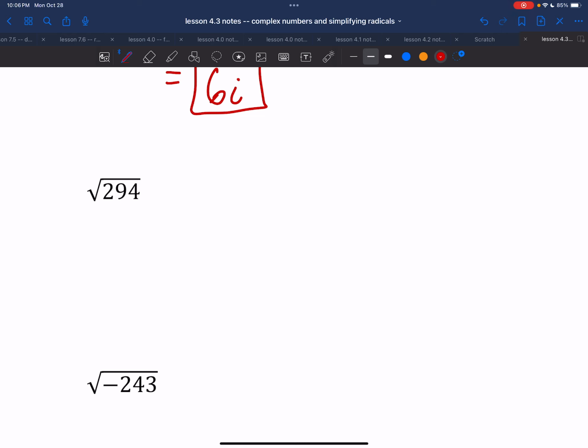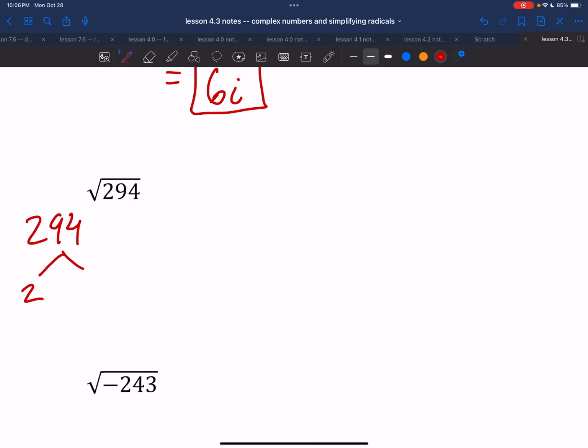Now, 294, that's a little tricky because I'm pretty sure 294 is a multiple of 7, but I don't know if that sticks out to everyone immediately. So here's 294, which is very clearly even.